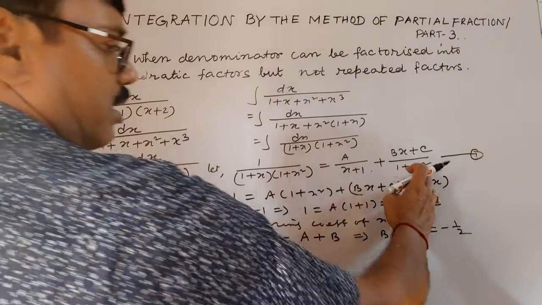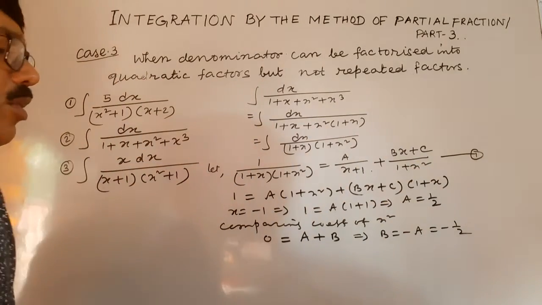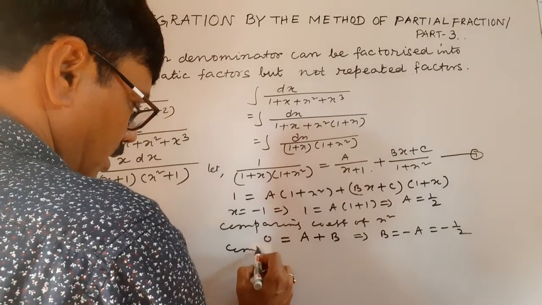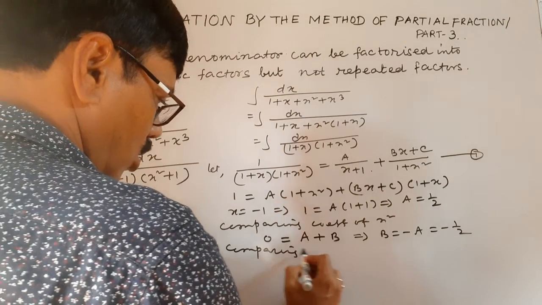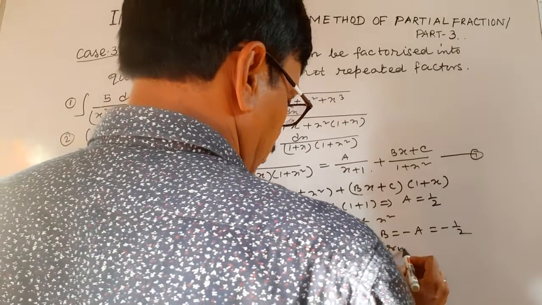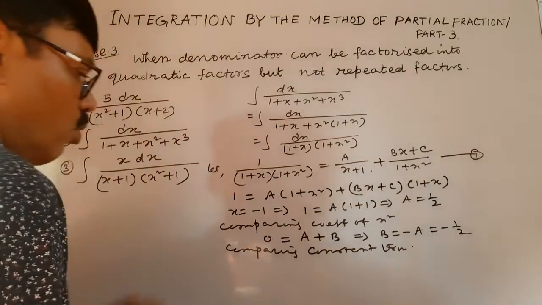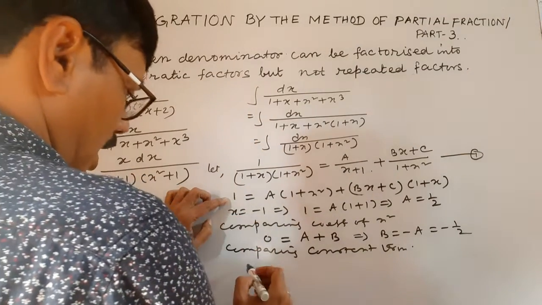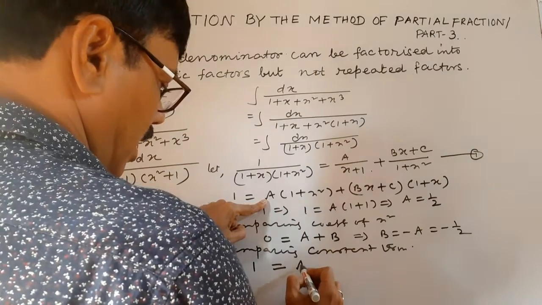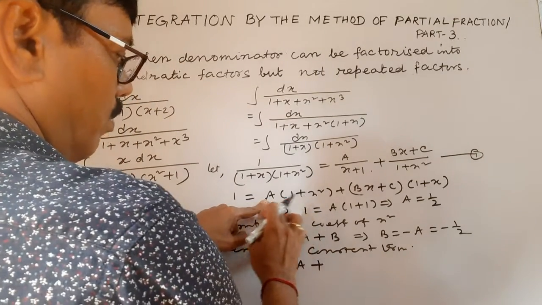By putting x equals to minus 1, A equals half. Then comparing the constant term. On the left hand side, this is 1. A into 1, this is A, not involving x.